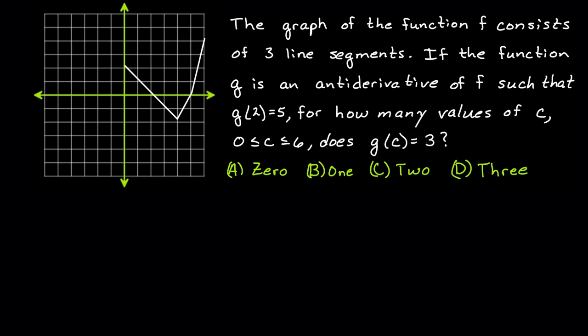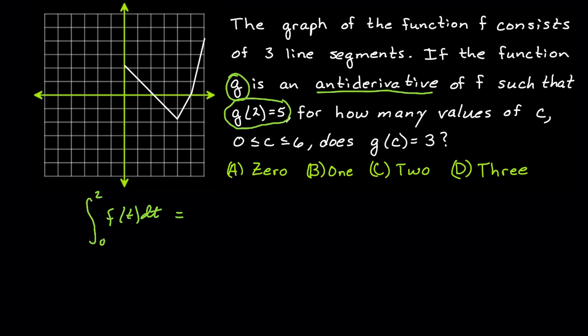All right, so the first thing that I want to do with this is we need to bring this into our problem somehow, keeping in mind that g is our antiderivative. So if we take the integral of f, and let's just say between 0 and 2, the integral of f means find the antiderivative.